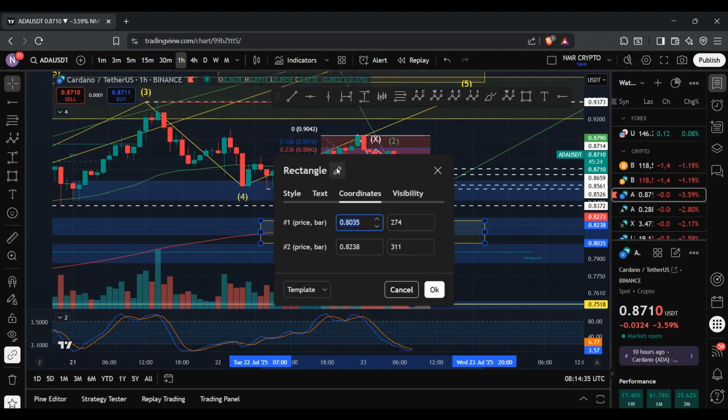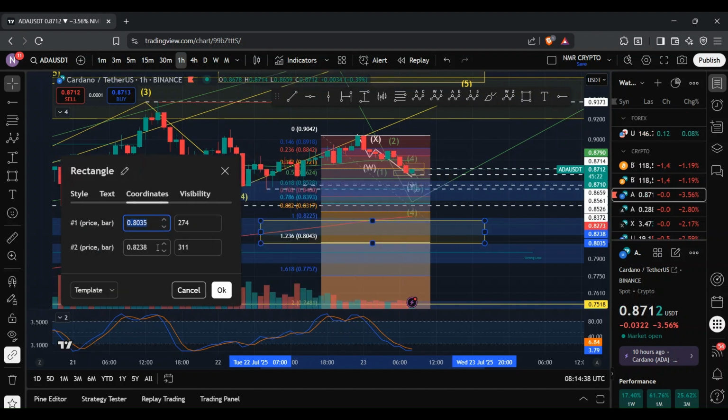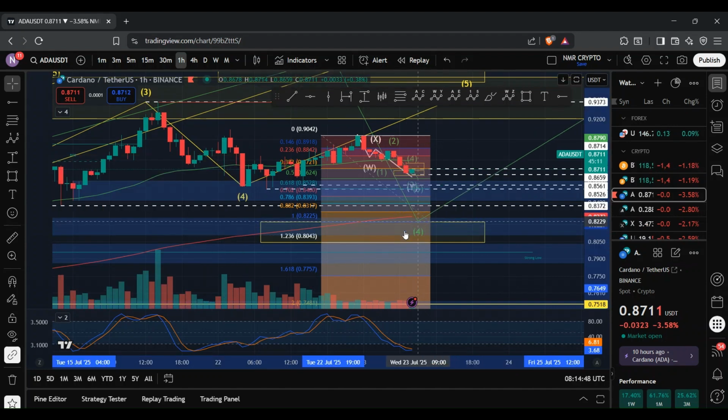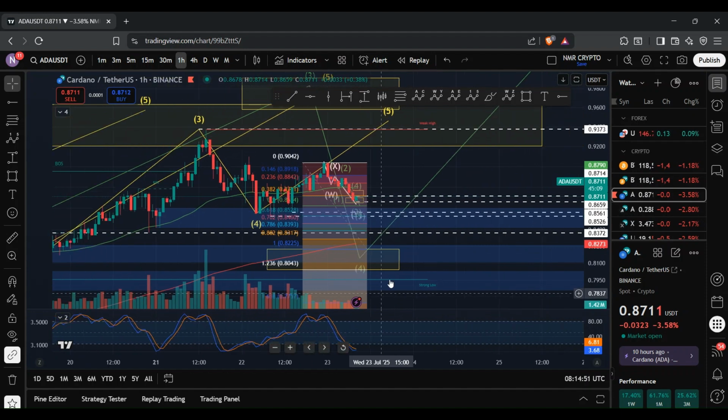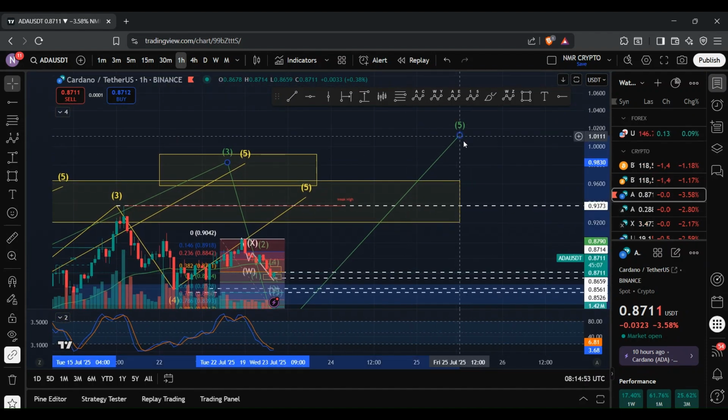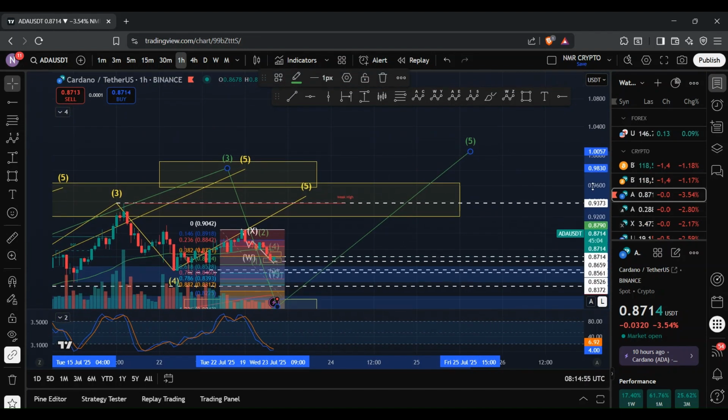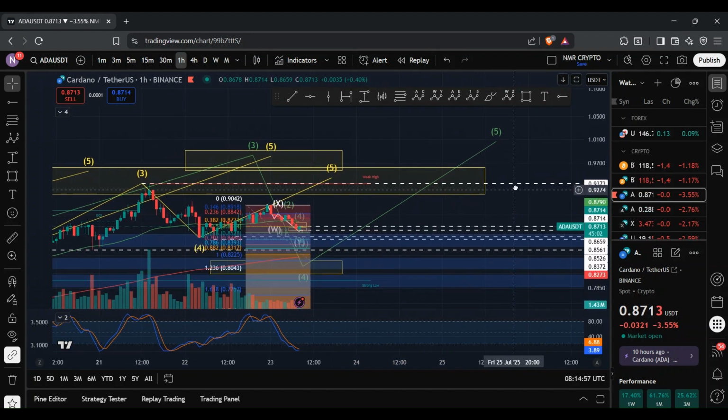So if I adjust this, and so this could be the next move for ADA. And then shortly after, we'll then see that pump to the upside to then complete the fifth wave, where that fifth wave could potentially reach the $1 mark.